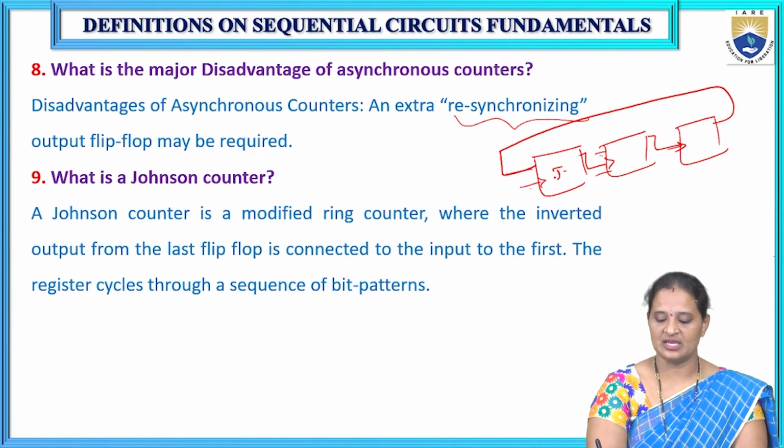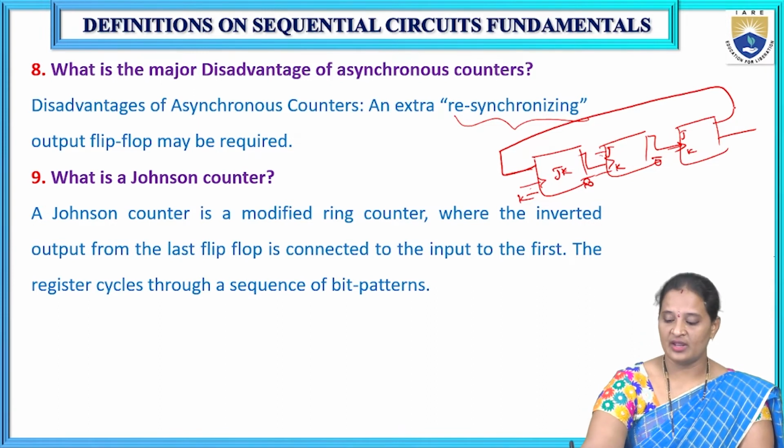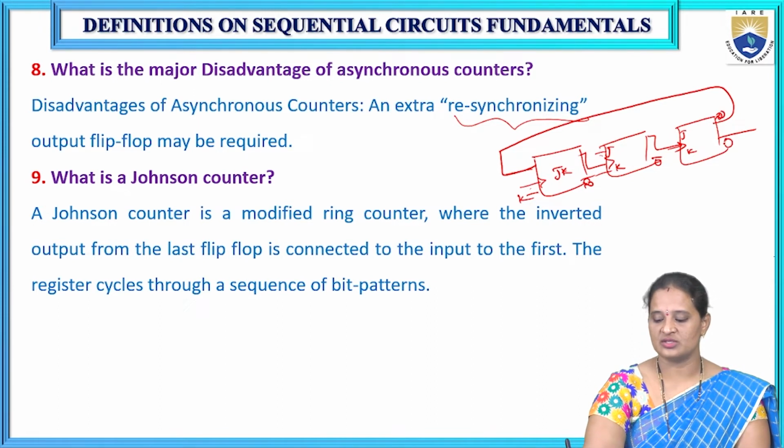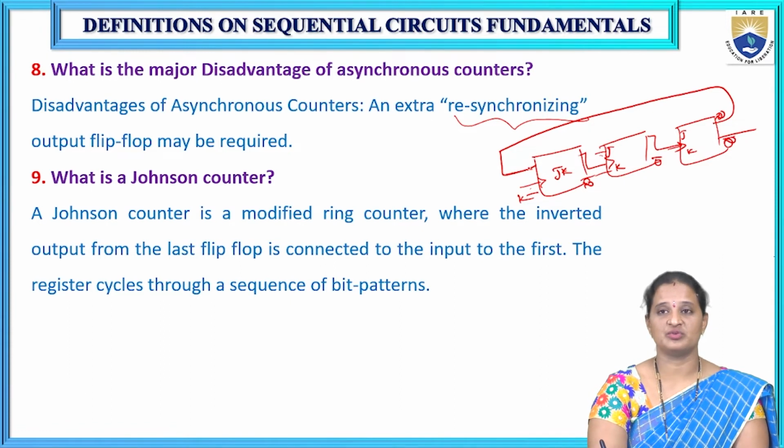Let us consider these as JK flip-flops. This is JK, JK, JK. So these are the outputs, Q, Q bar, Q, Q bar. If the direct output, that is the true output, of the last flip-flop is given as input to the first flip-flop, then this is said to be a ring counter.